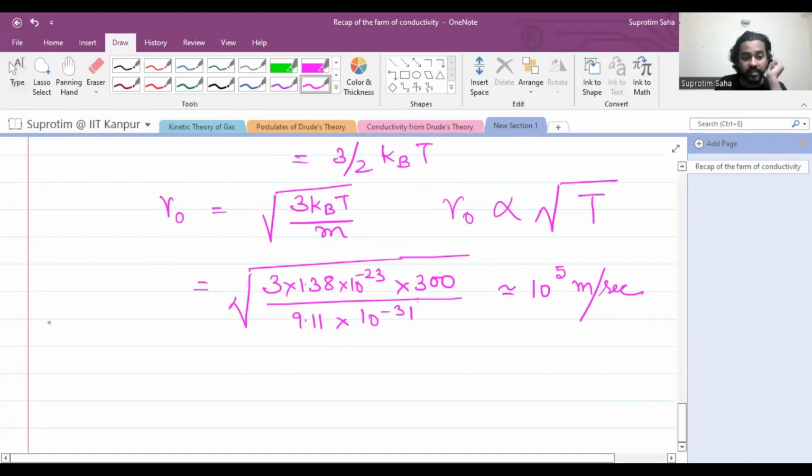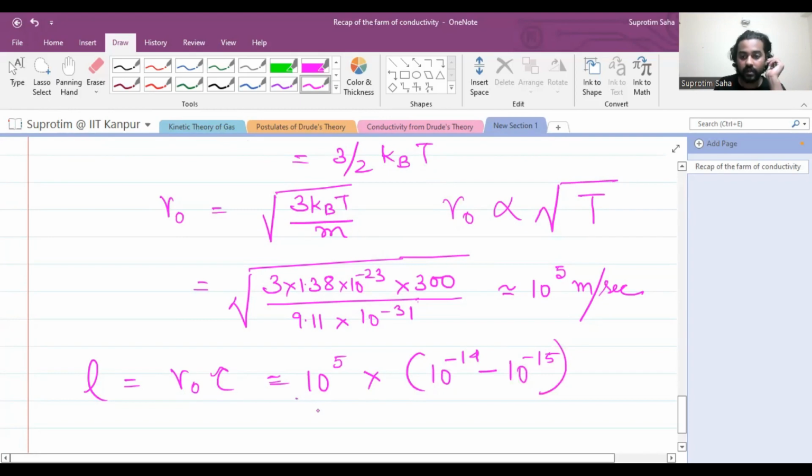So from here, we can have an estimate of the mean free path of the charge carriers, the electrons, which is given by v naught tau, of the order of 10 raised to 5 into 10 raised to minus 14 to 10 raised to minus 15. This is in meter per second, and this is in second.